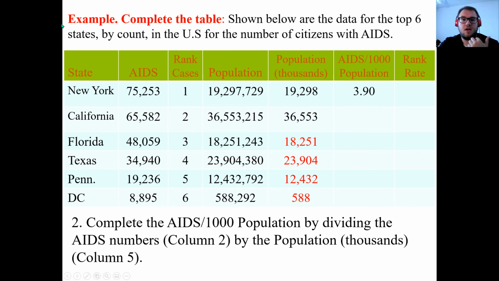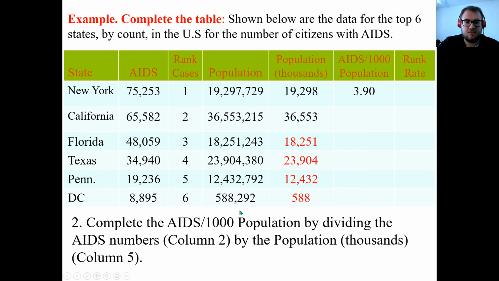Alrighty, so you completed question 1. We moved the decimal point left 3 spots, and we get 18,251, 23,904, 12,432, and 588.